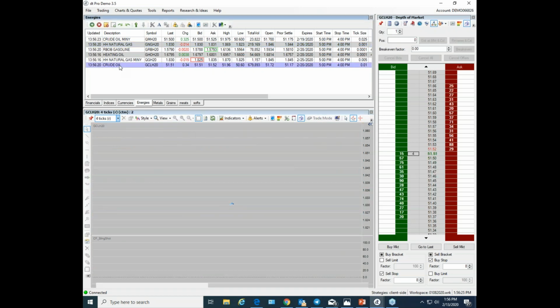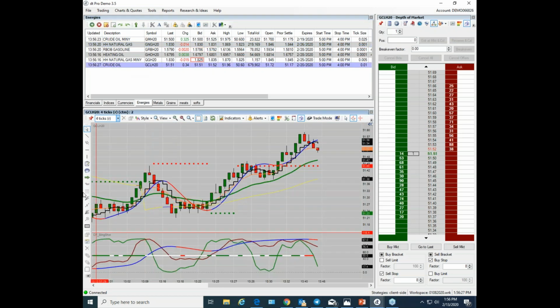Let's see if we can get involved with something else here. We'll monkey around with the crude. Hold on, don't push any buttons. We're starting to gravitate toward the BBC, so we have to draw the trend line. This is a warning flag. It's red, so that suggests it's watering down the probabilities on this trade.